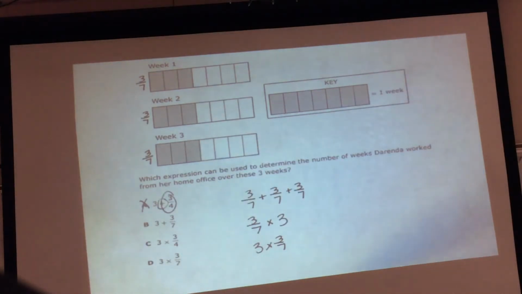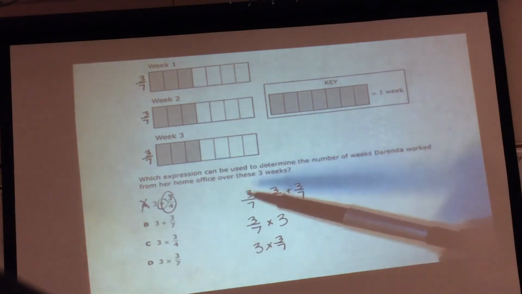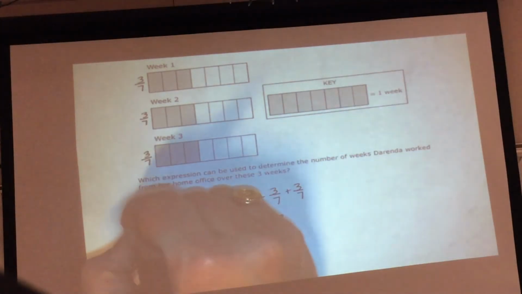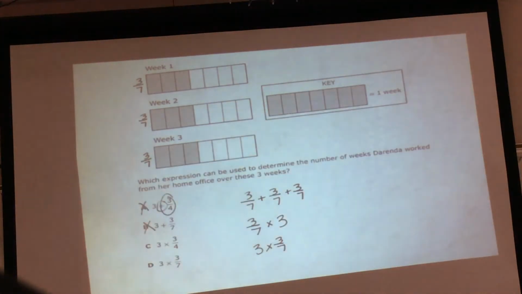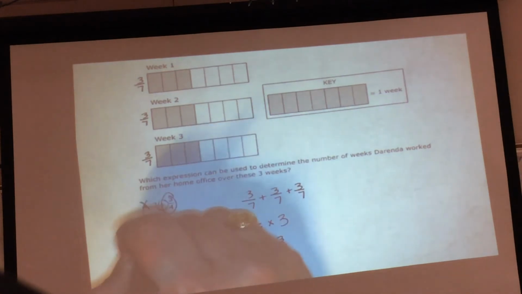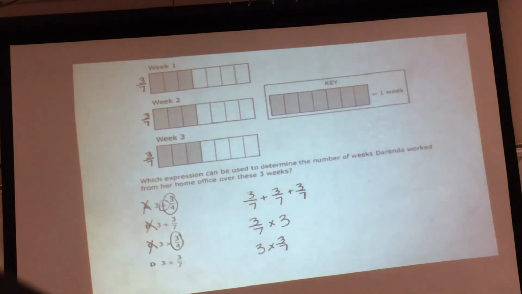No. 3 plus 3 sevenths is different than 3 sevenths plus 3 sevenths plus 3 sevenths. So this is wrong. C is the correct operation, but it's not the correct fraction. So your answer is D. My answer is D.